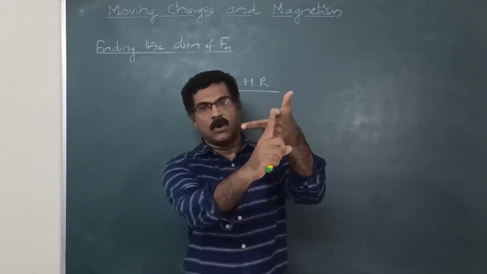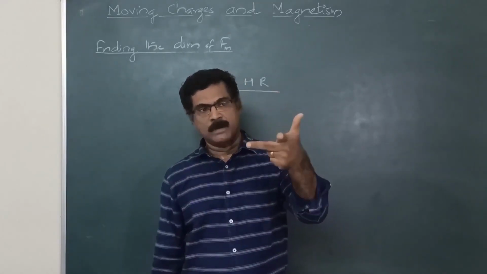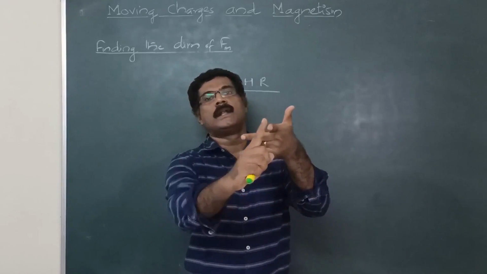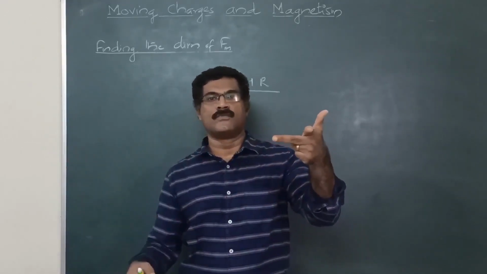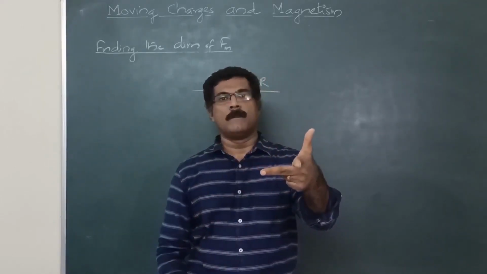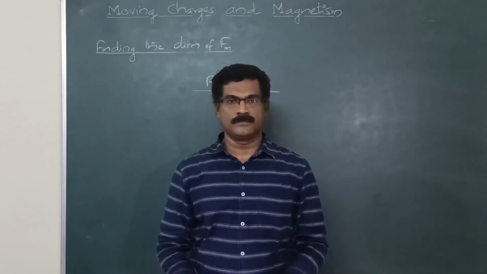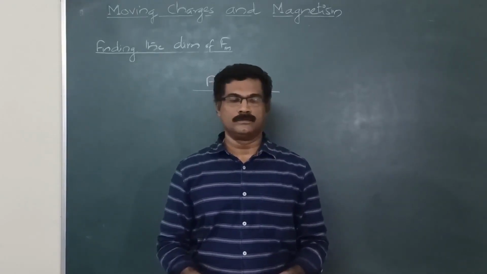The fingers are the forefinger, central finger and thumb. Remember, the forefinger should be in the direction of the magnetic field, the central finger should be in the direction of current. Then the thumb will give the direction of the magnetic Lorentz force. That rule is called Fleming's left hand rule.